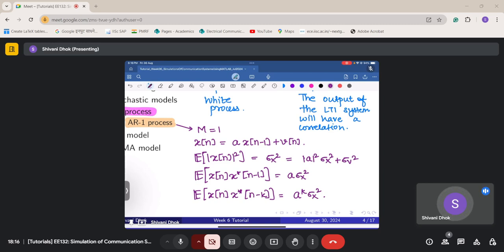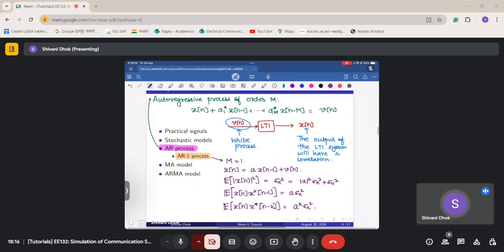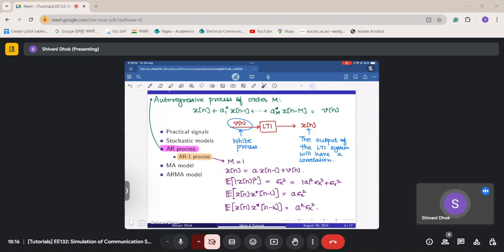So this is what we are having here for autoregressive process, and these particular properties we have obtained for AR1 processes.